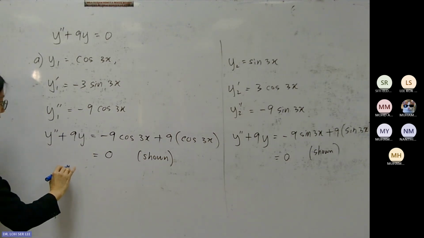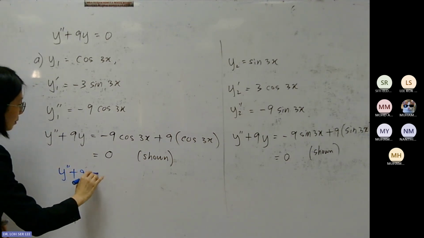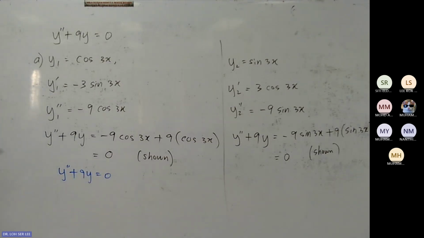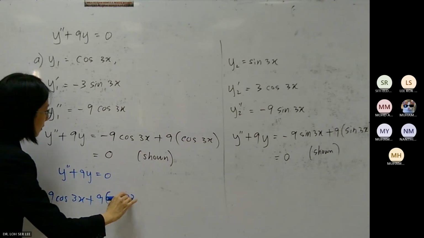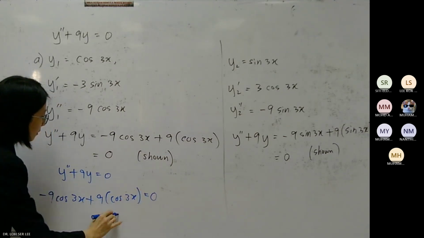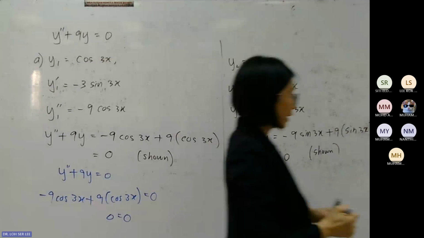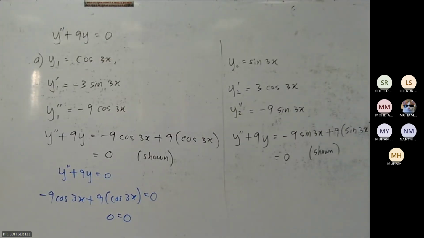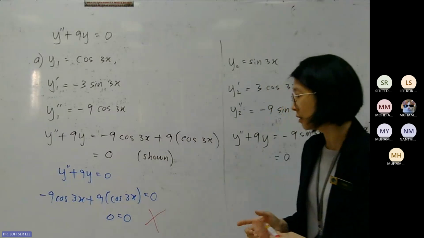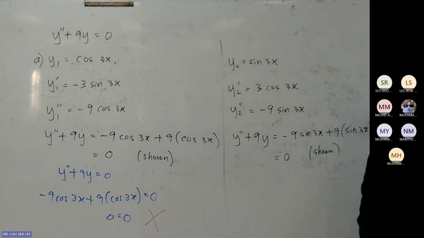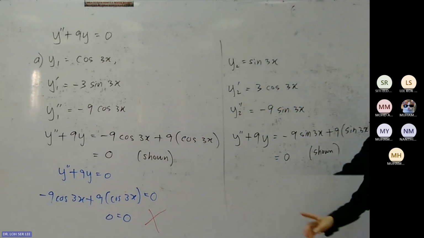This is a counter example. We cannot show it like this. This is the wrong way, because some students make mistakes like this. Why is this wrong?